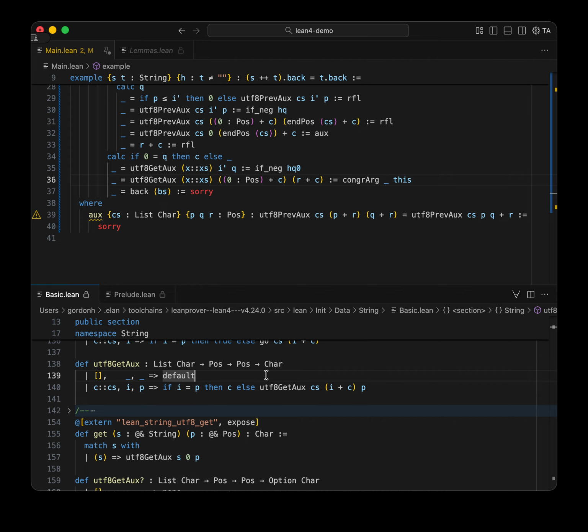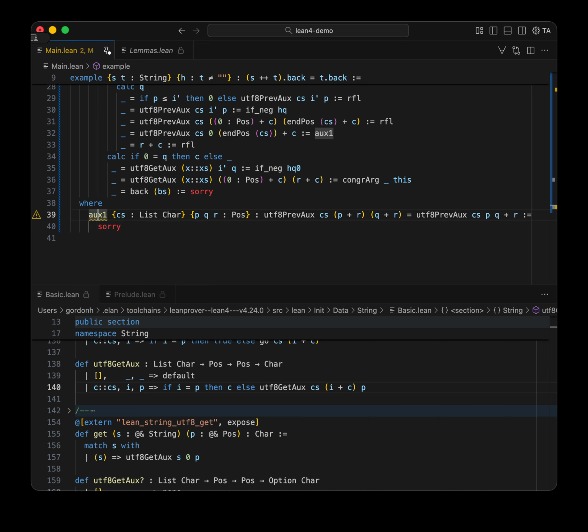So in this case, if you advance both positions, it should still work. It should give you the same thing. Let's name it auxiliary 1.